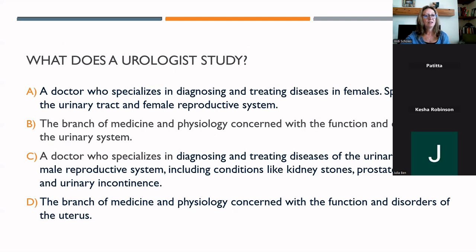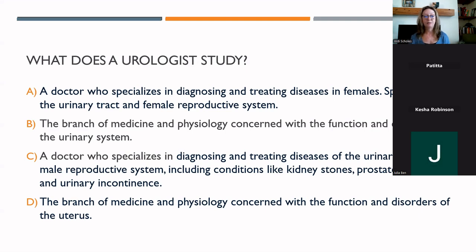What does a urologist study? A, a doctor who specializes in diagnosing and treating diseases in females, specifically the urinary tract and female reproductive systems. B, the branch of medicine and physiology concerned with the function and disorders of the urinary system.